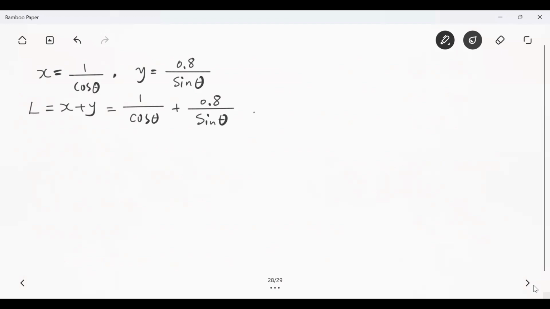Also, we can use a negative exponent, right? So we can rewrite L equals cosine theta to the -1 plus 0.8 times sine theta to the -1, correct?